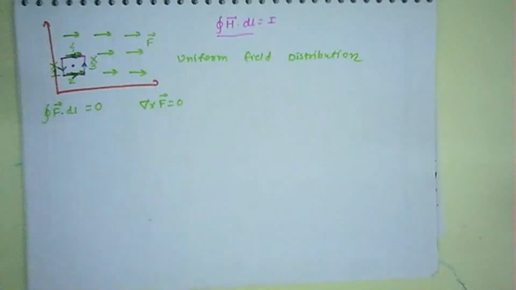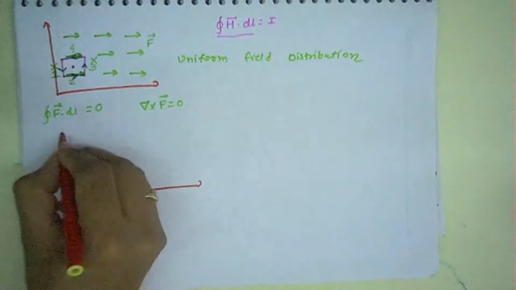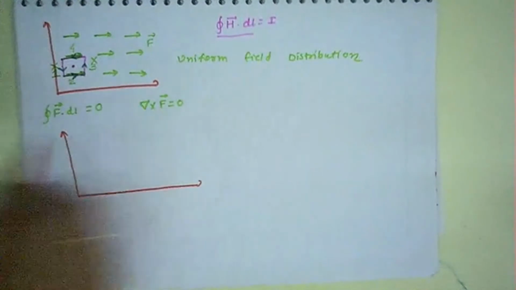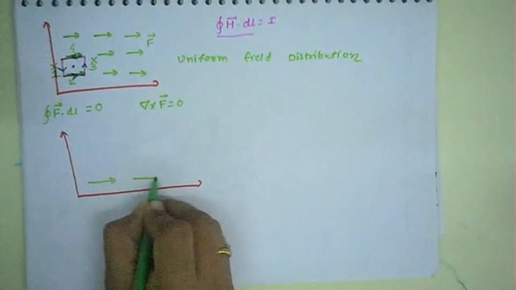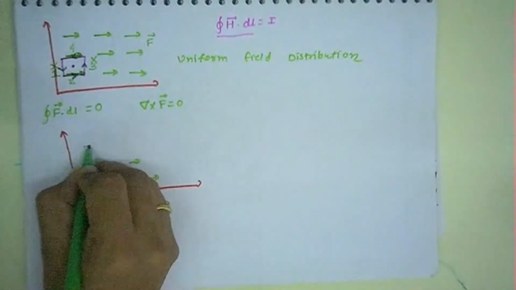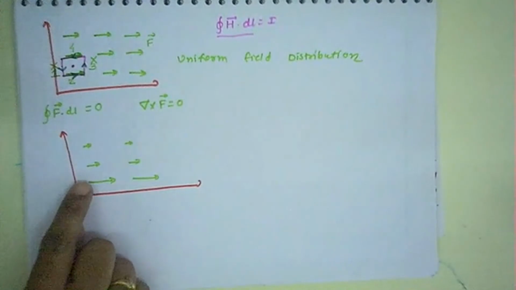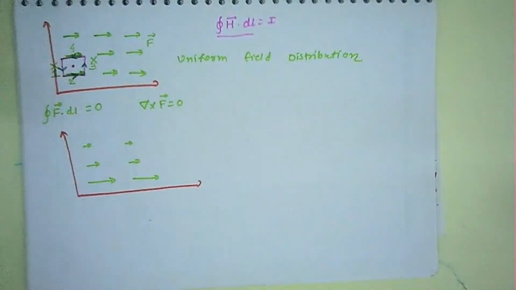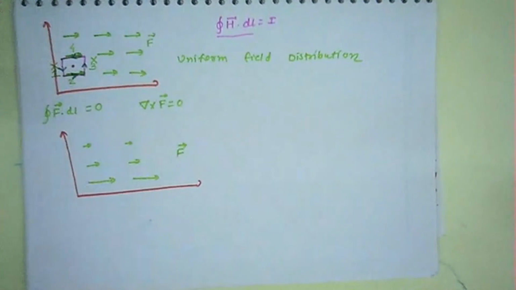In the second case, if we consider here a non-uniform field distribution, there is a non-uniform field distribution. Now I want to find out the curl of this vector. Let us take again the vector here, whatever the vector, that is F, vector F. Now what we have to do?